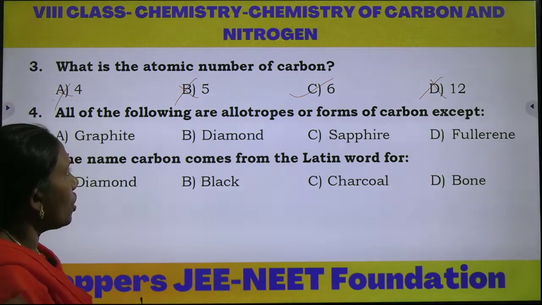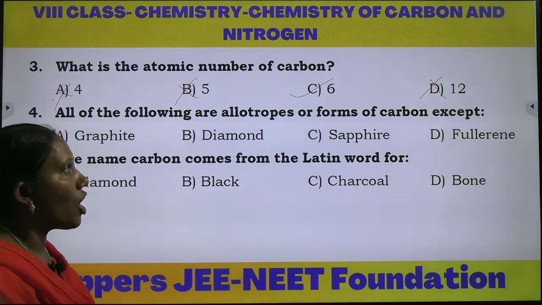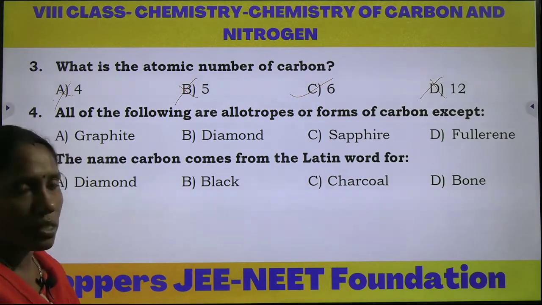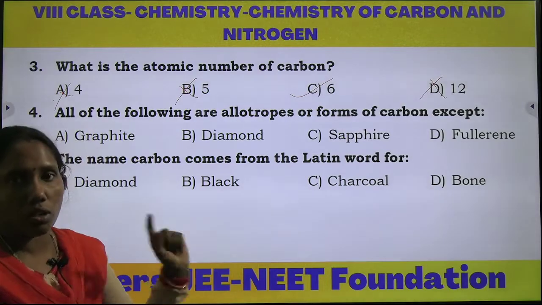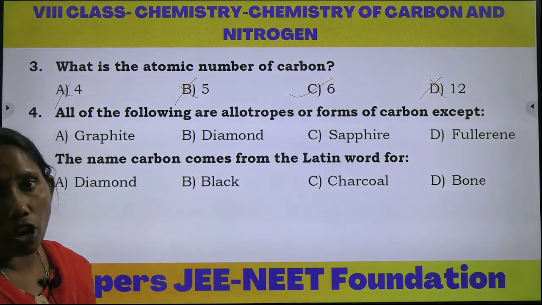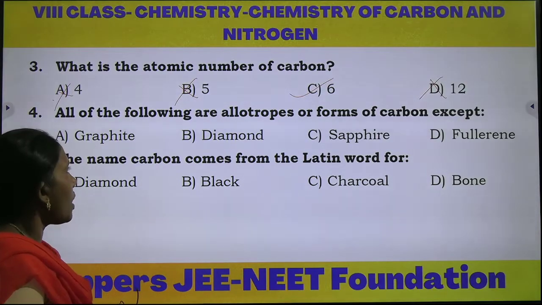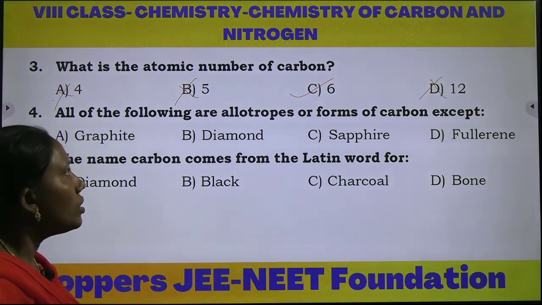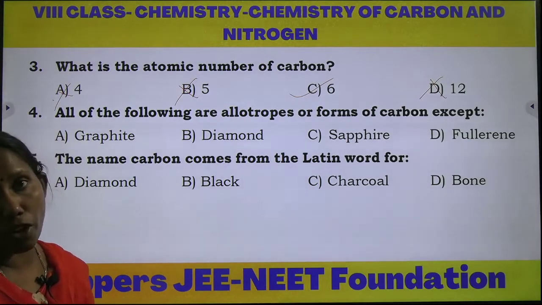All of the following are allotropes or forms of carbon except. So here 4 options are given. Among those 4 options, one is not an allotropic form of carbon. Which one is that is the question. See the first one. We know graphite is an allotropic form of carbon. First of all, what is meant by allotropic form?